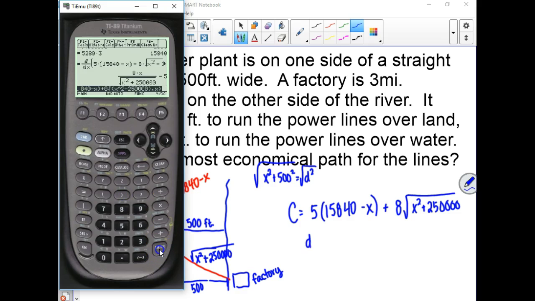And we get dC/dx to be 8x over the square root of x squared plus 250,000, minus 5.